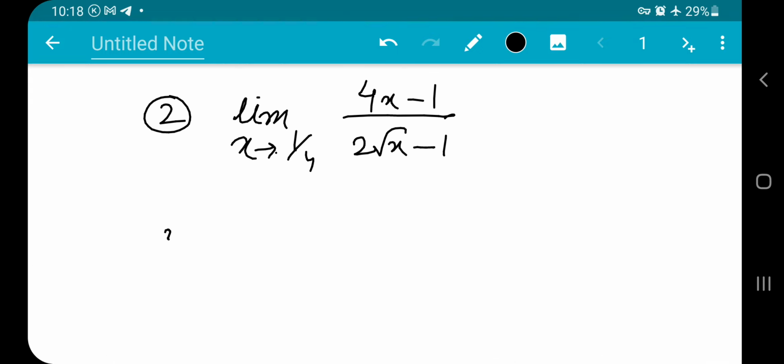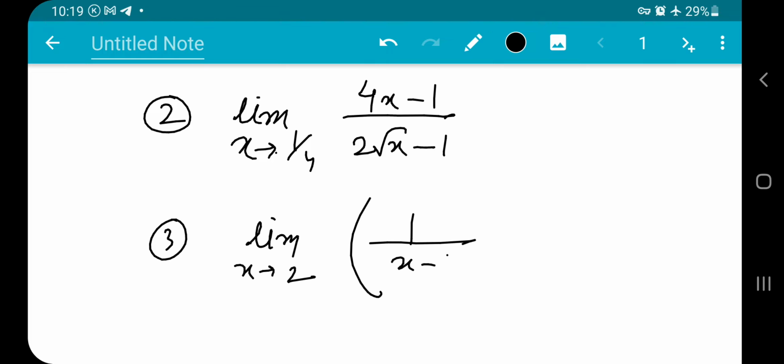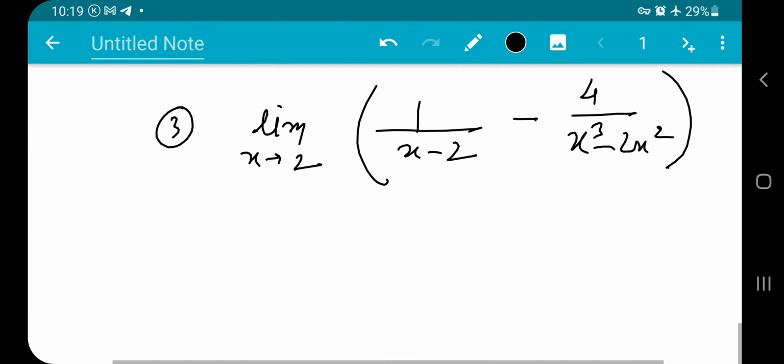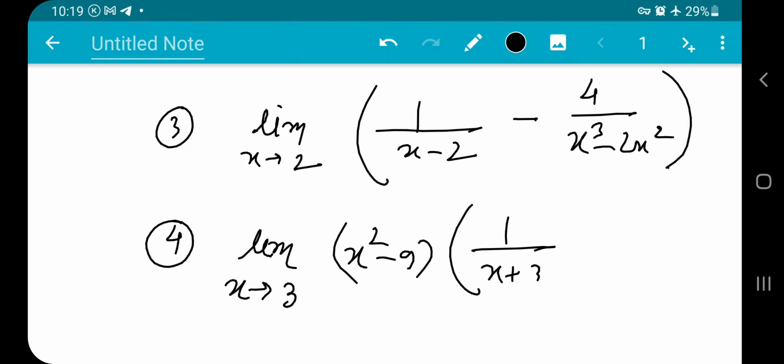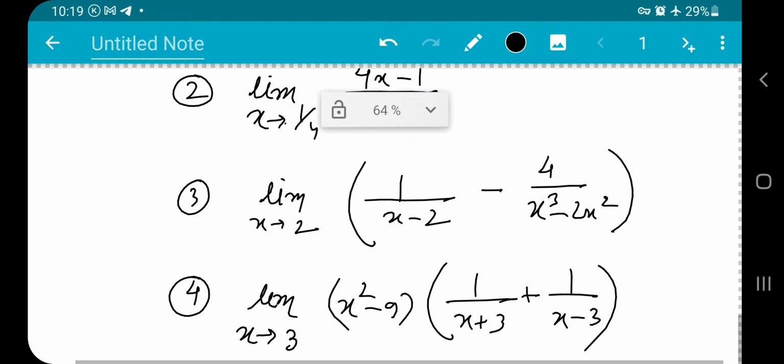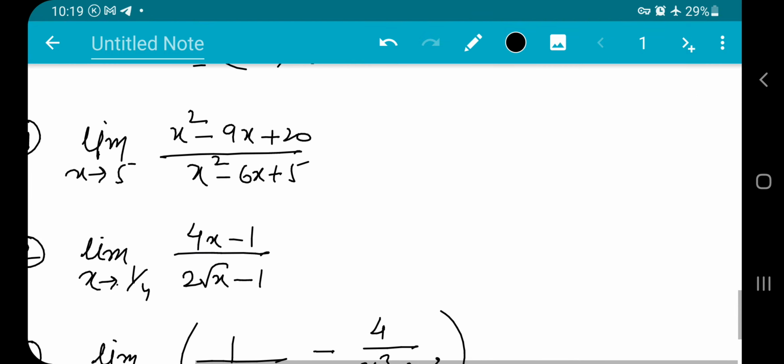Number 3, I am taking limit x tends to 2, 1 by x minus 2 minus 4 by x cube minus 2x square. So I'm taking some random questions. Limit x tends to 3, x square minus 9 into 1 by x plus 3 plus 1 by x minus 3. So let us proceed with number 1 sum.